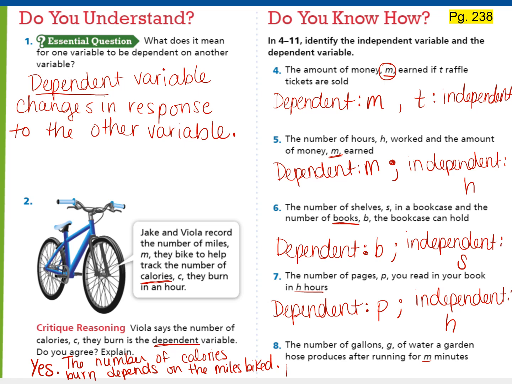Hopefully you know that the dependent, the one that is relying on the other, would be the gallons of water. Why? Because you don't know how many gallons of water you're going to use until you run it for a certain amount of minutes. So the one that's changing is your gallons of water. It's relying on how many minutes you run the water. So independent variable would be M.